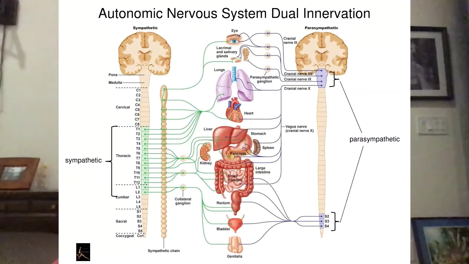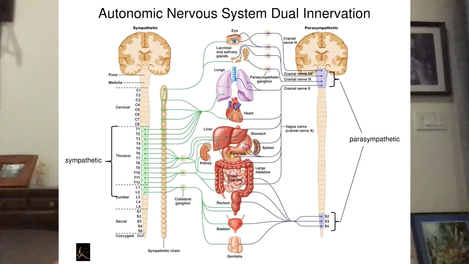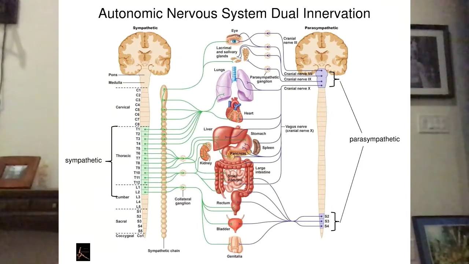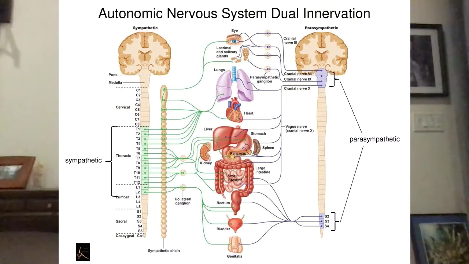Okay, if you're in an emergency or a stressful situation, you either want to fight your way out or you want to run away, fight or flight. It also prepares the body for strenuous physical activity because that's what happens in fight or flight. But this could also pertain to exercise. Okay, the parasympathetic system that you see over on the right side dominates when you're in a quiet, relaxed situation.